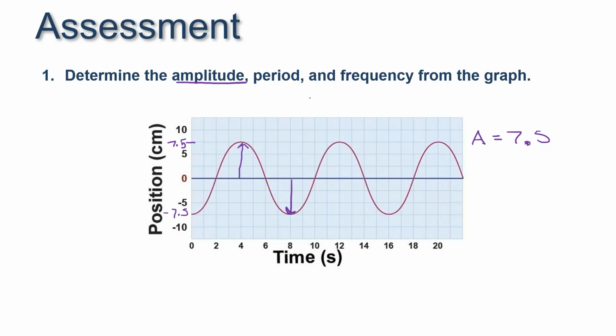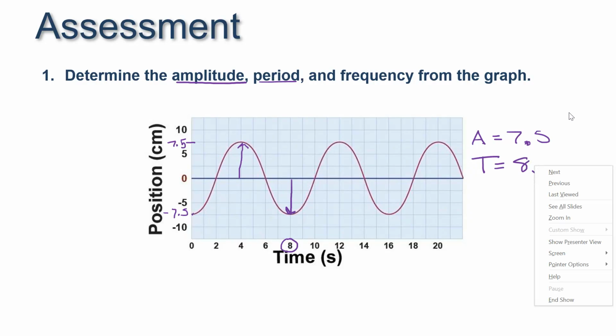Now the period, remember, is the time that it takes for a cycle. So it doesn't matter where we start. If I start here, it makes it a little easier. It looks like it takes 8 seconds. So T is equal to 8 seconds.